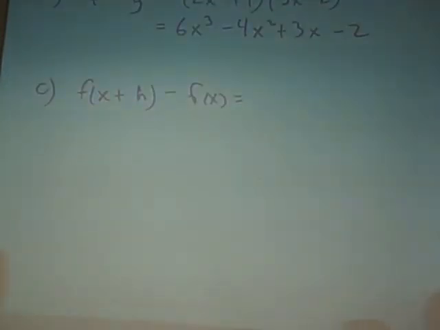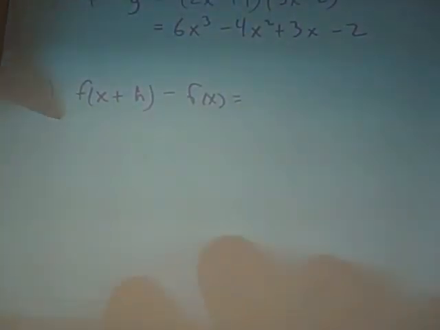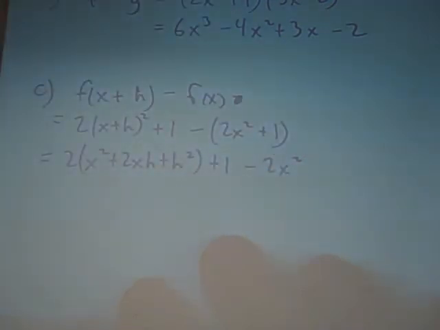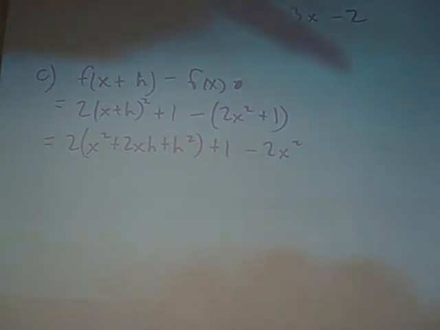And then part C, f of x plus h, do it down here. F of x plus h would be 2 times x plus h squared plus 1 minus f of x, which is 2x squared plus 1. And again, put that in parentheses. Here we want to FOIL this out and get x squared plus 2xh plus h squared. And minus 2x squared minus 1.